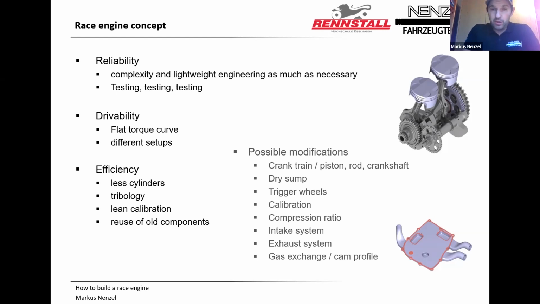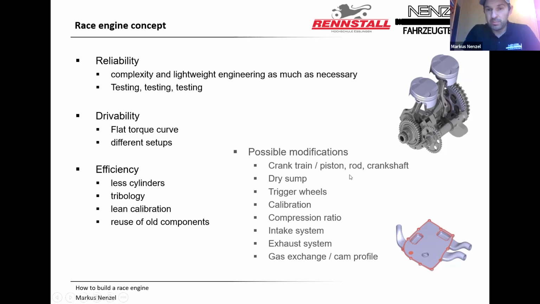Possible modifications. You see there the picture of the crank train. You can change the crank train, which means new pistons for a higher compression ratio. You can make the conrod longer to reduce your normal forces. You can put in a new crankshaft because of a different displacement.